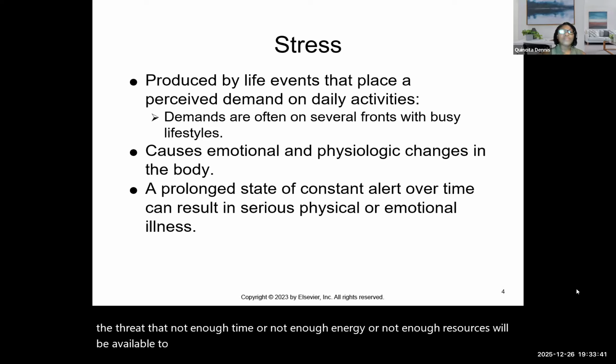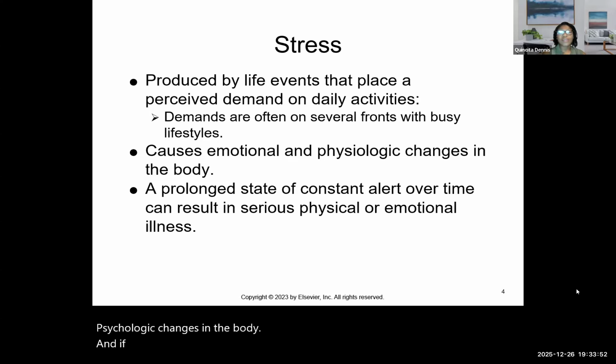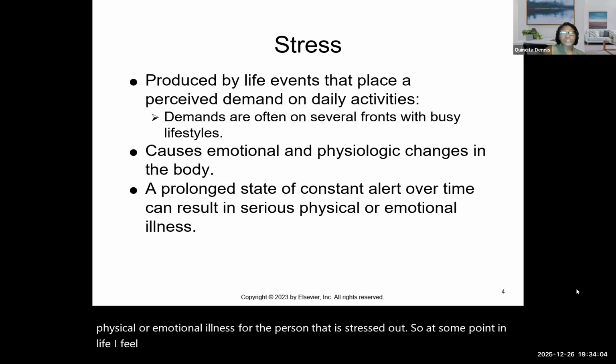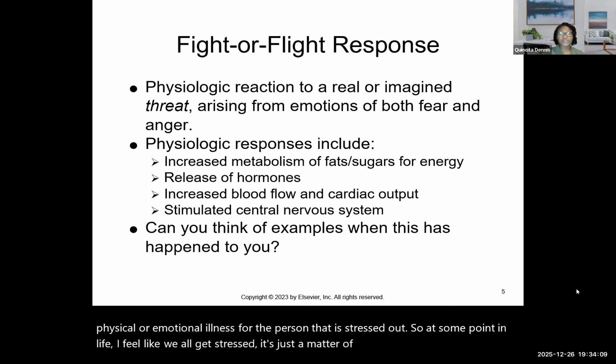So again, stress can cause emotional or psychologic changes in the body. And if we have prolonged stress over time, it can eventually result in physical or emotional illness for the person that is stressed out. So at some point in life, I feel like we all get stressed. It's just a matter of how we deal with that stress.